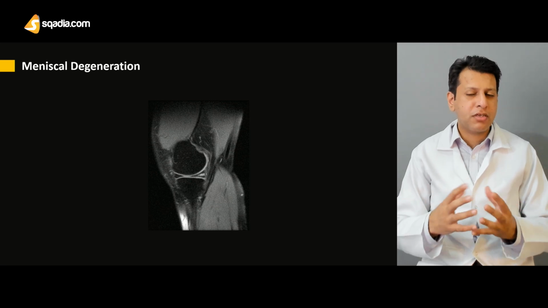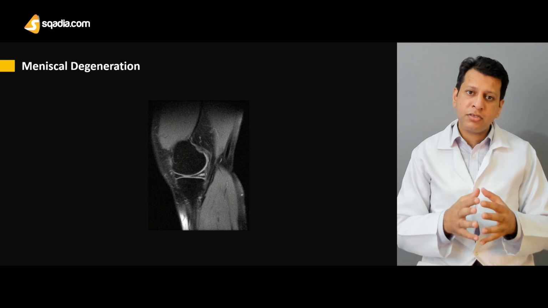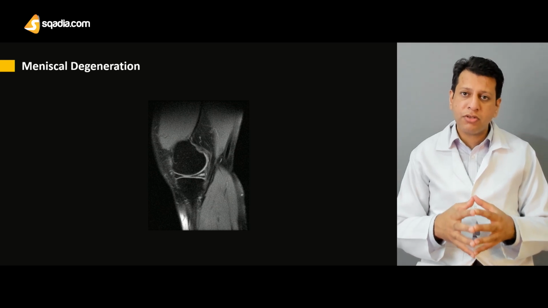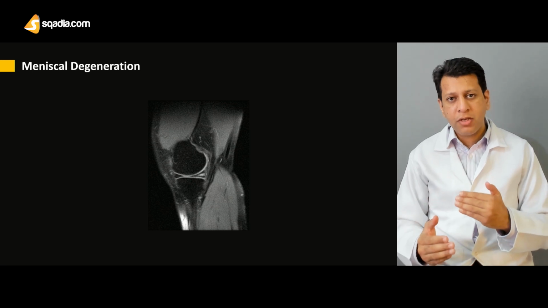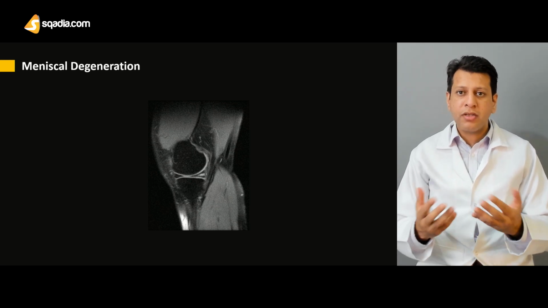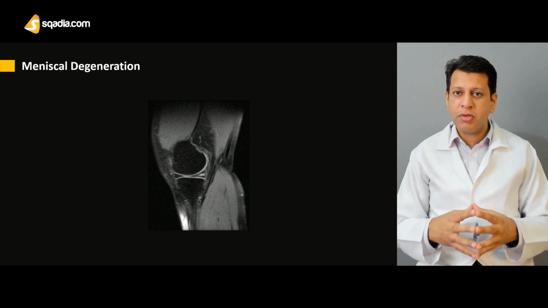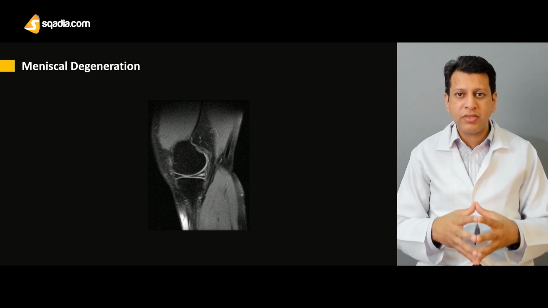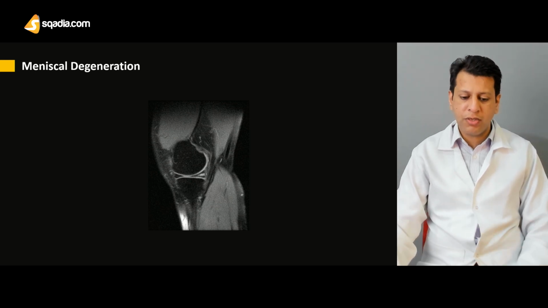A classical example of a parameniscal cyst, which happens after meniscal degeneration, is the Baker's cyst, and there may be associated other injuries as well. There could be ACL or other injuries present along with these meniscal tears and degenerative tears.